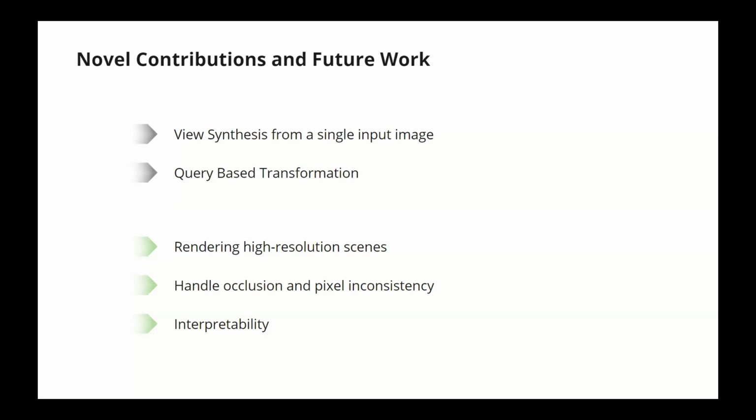We also introduced a query based transformation, which is first of its kind. We encoded our queries like right, left, and so on, and we were able to achieve pretty good results from our query based network.